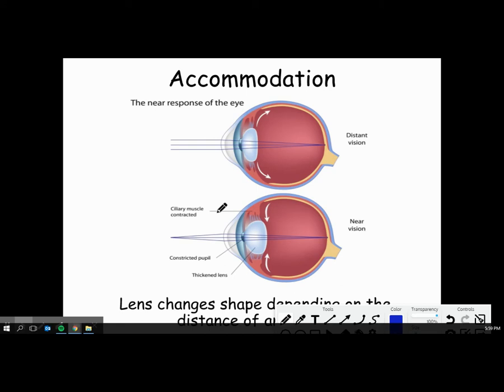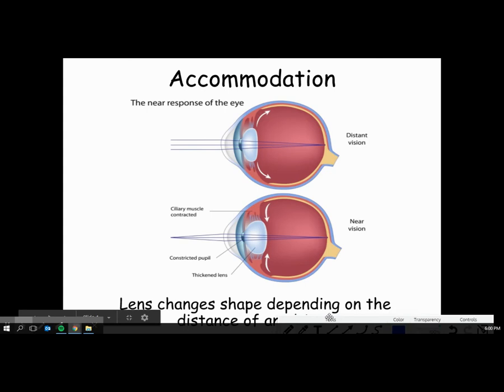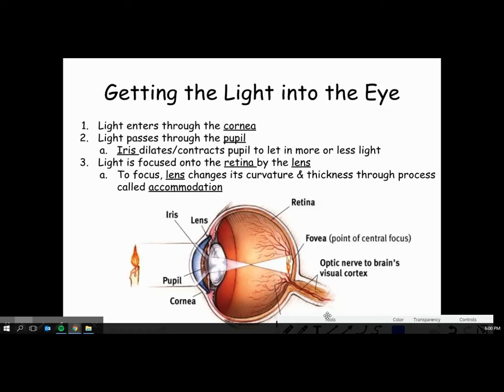Your finger should become blurry and the wall behind it will become more clear. This is what is called accommodation. The lens changes shape based on how far away whatever it is we are looking at.